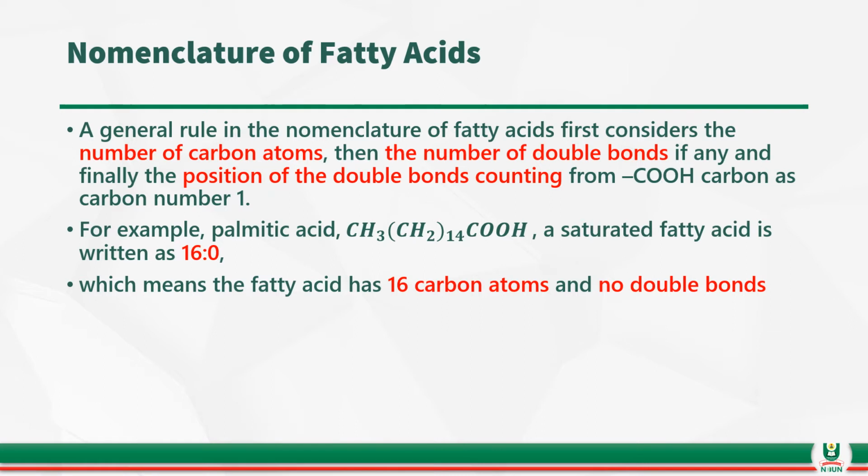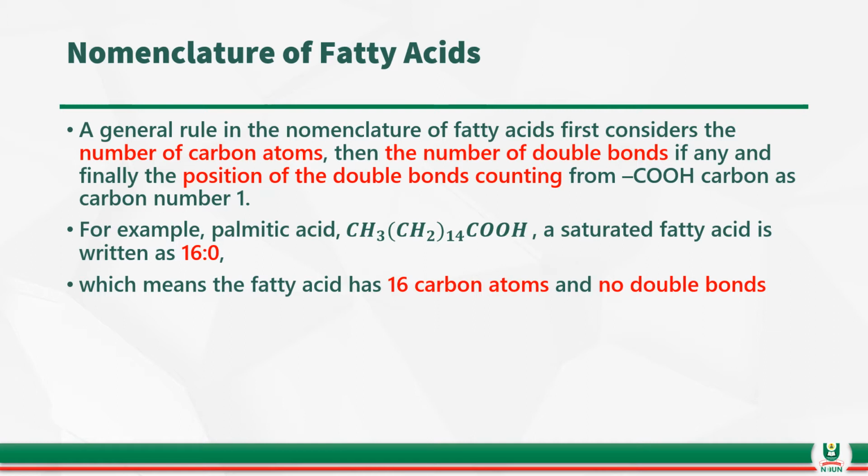Others will come later. So now we'll look at the fatty acid known as palmitic acid. Of course, you can see from the name that it is found majorly in palm fruit or palm oil.